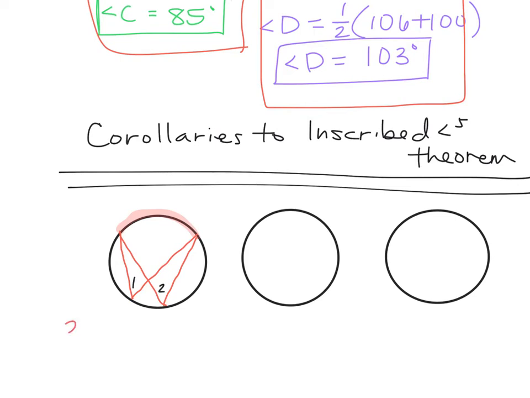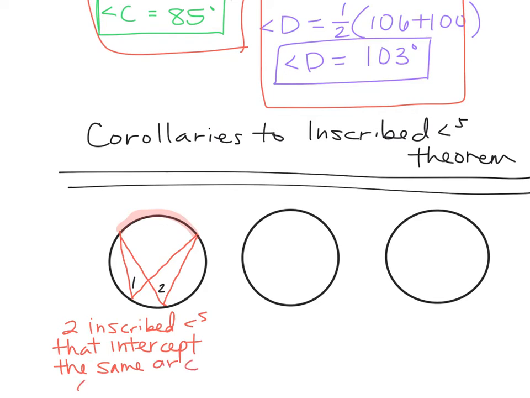So 2 inscribed angles that intercept the same arc are congruent. Okay, in other words, angle 1 is congruent to angle 2 because they both open up to the same arc.